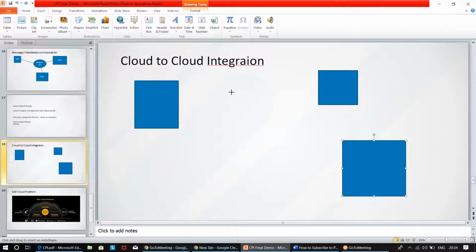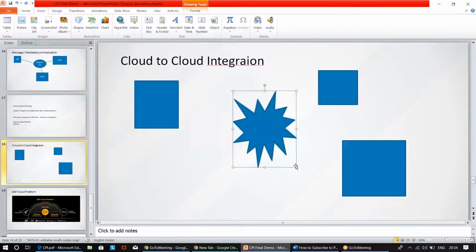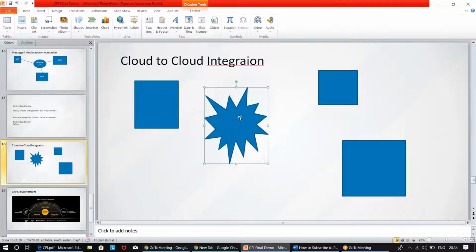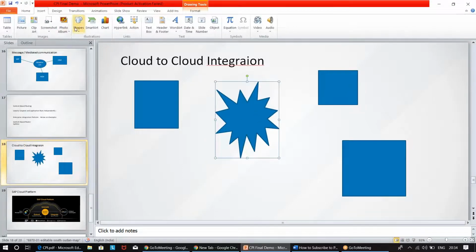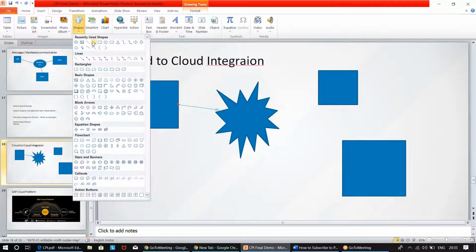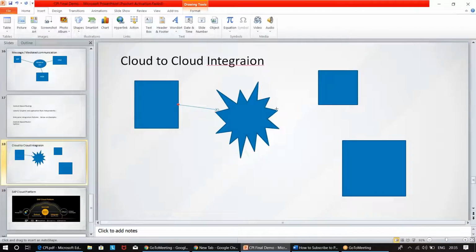Let me just take this particular part. This is not exactly a cloud, but yeah, we can just try to link it. So right now, let's say we have the integration between one of the cloud applications to another cloud application.